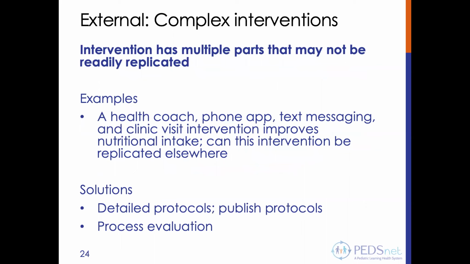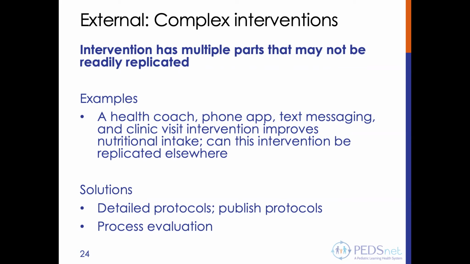Then finally, complex interventions are those which have multiple parts, in some cases too numerous to count, such as some complex surgeries. And it's not clear what part of the complex intervention may be responsible for the effect. So you could do a randomized trial and show, hey, yeah, this complex surgery is effective versus an alternative surgery, but are you actually going to be able to replicate that complex surgery because there are so many different moving parts?